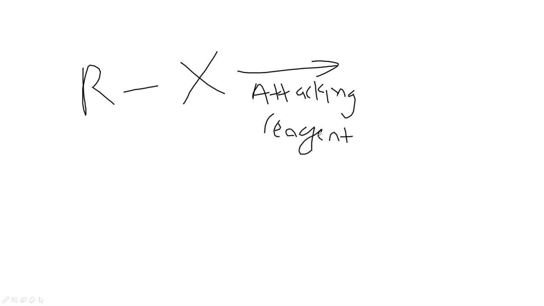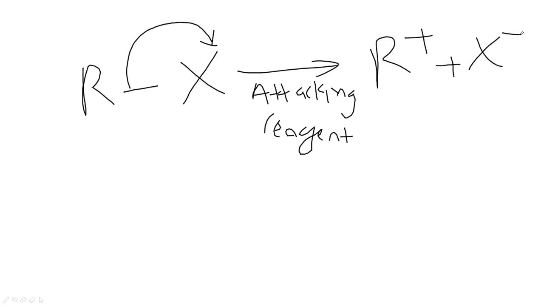What happens is that this RX actually breaks, and it splits heterolytically. That means this bonding pair will move to the halide ion and end up forming a positively charged alkyl group and a negatively charged halide ion, and these are ions.